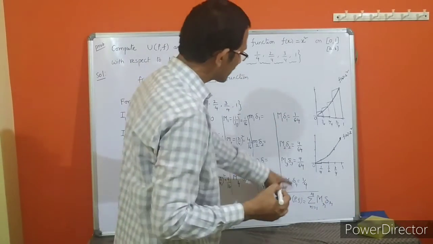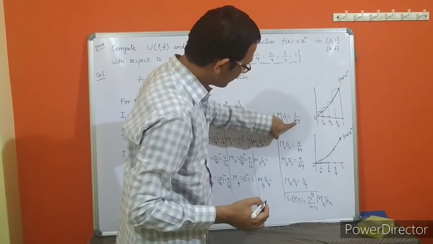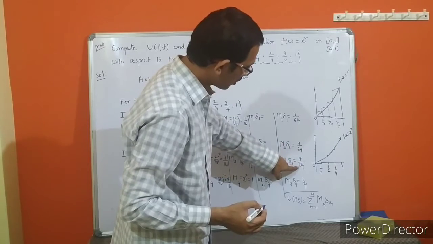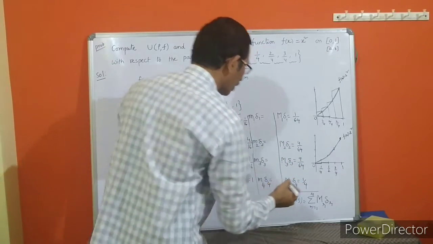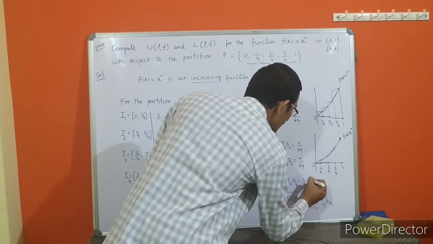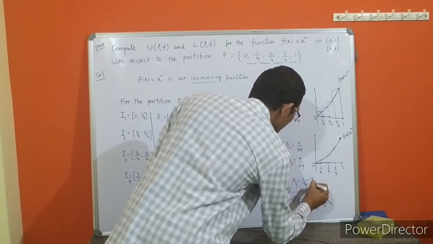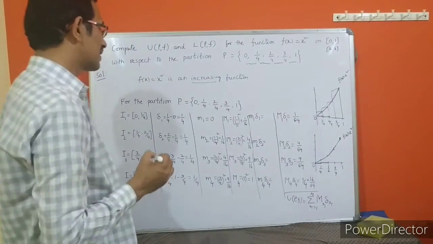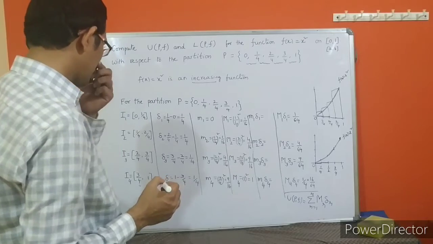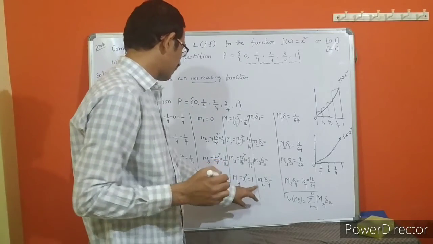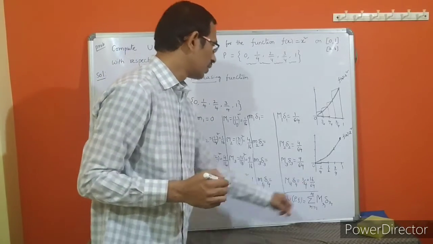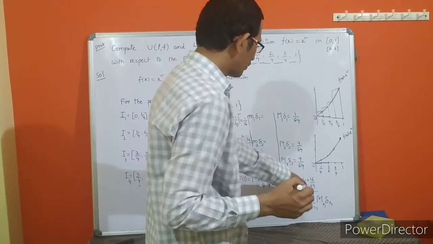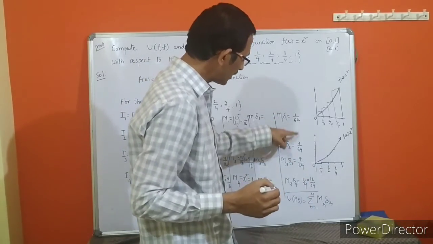Now add all this. So the denominator is the same, 64, 64, 64. And here this is 1 by 4, or you can write it as 16 by 64. 1 by 4 can be written as 16 by 64 so that the denominator is the same for all.